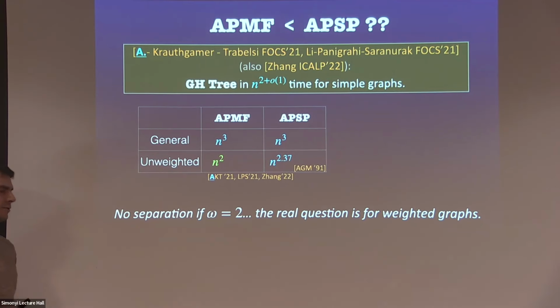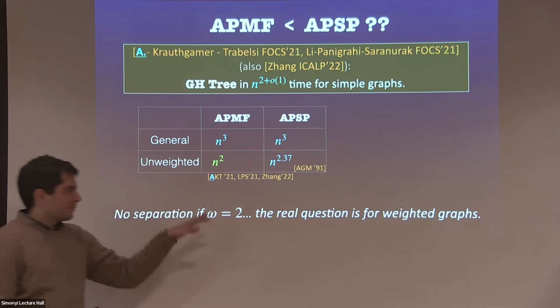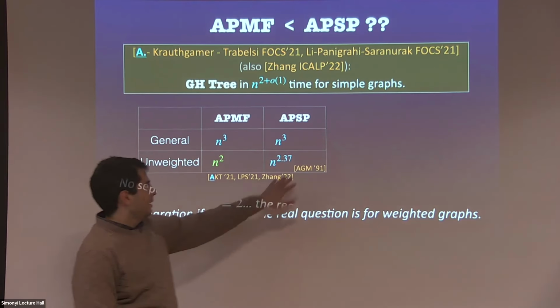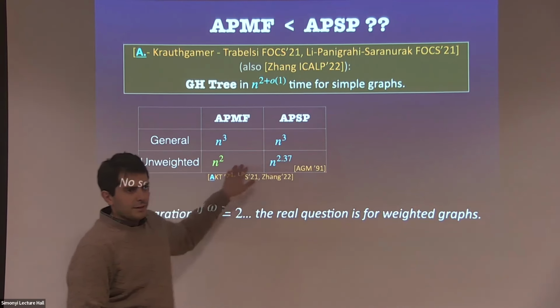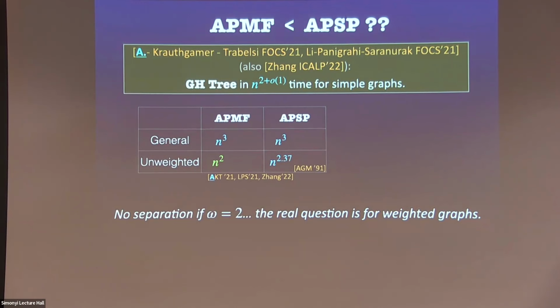But then maybe the answer to the confusion was that, well, just like the experts were telling us that max flow will be linear time, the experts are also saying omega will be two, matrix multiplication will be linear time. And so maybe this is just n squared and there's no separation. Both are easy problems. And that's what it is.